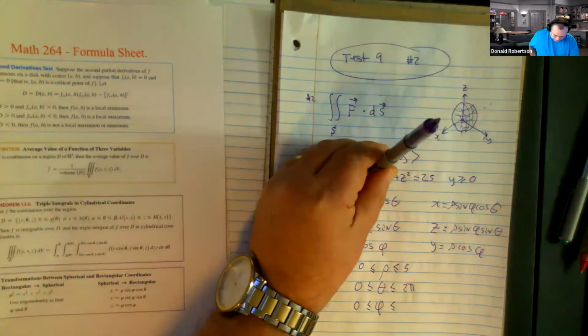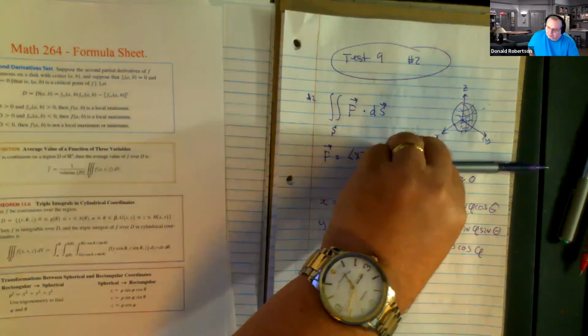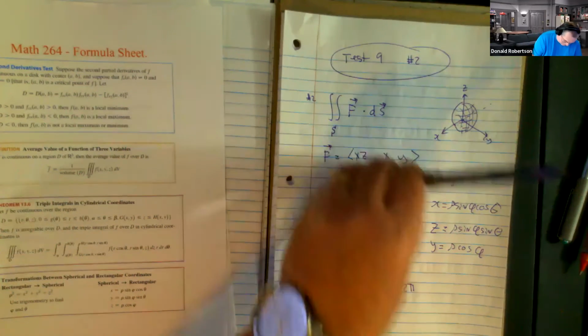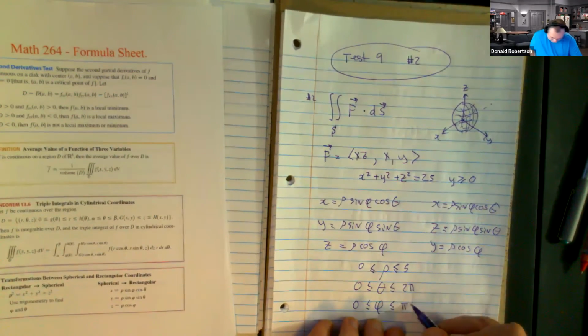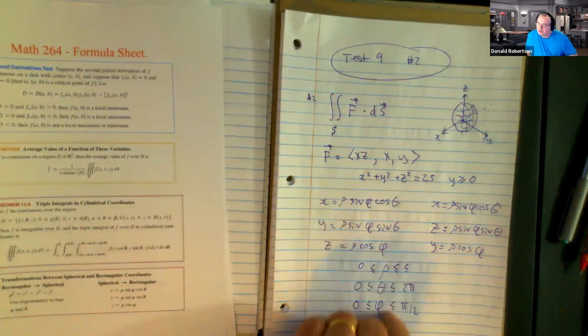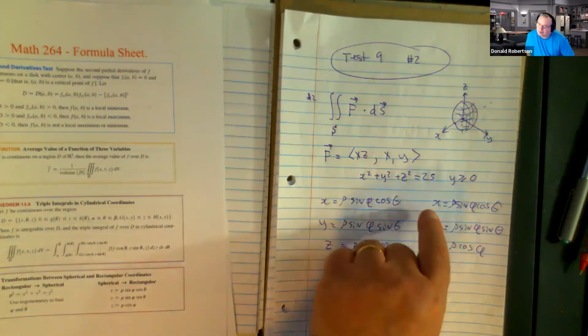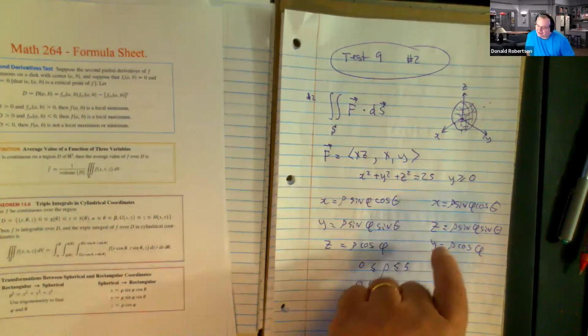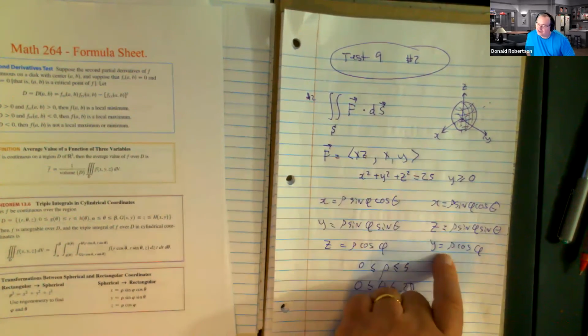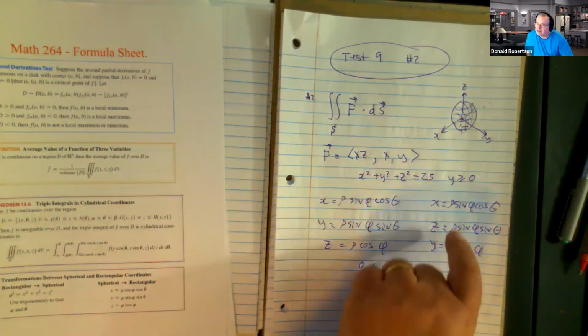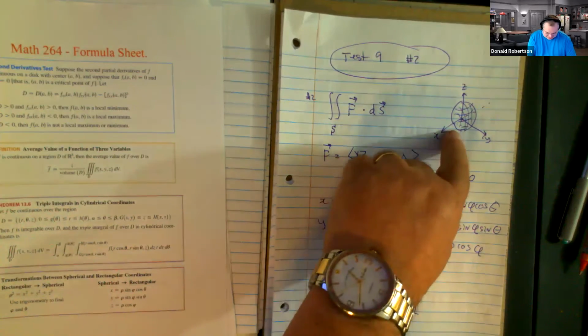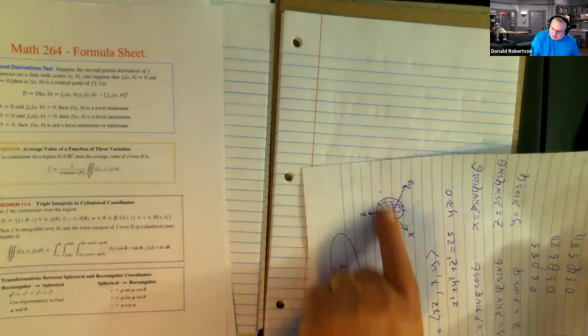You start out at 0, and don't you only get to pi upon 2 if you want half a sphere? So do you see, I don't need to change these numbers. I only need to change who I'm using in each location. In this case, it's the y and the z that are changing places. Because y is like the z, right? It's like the up thing. Are we good with that?